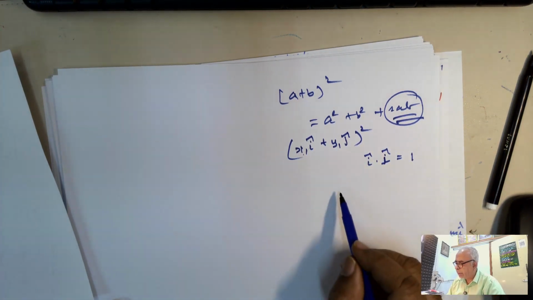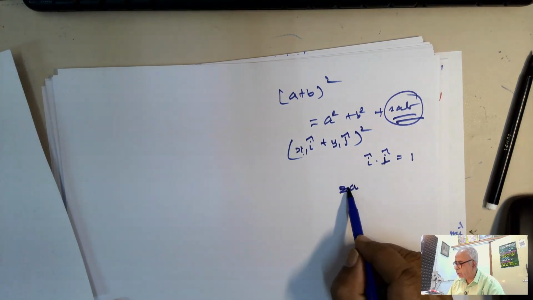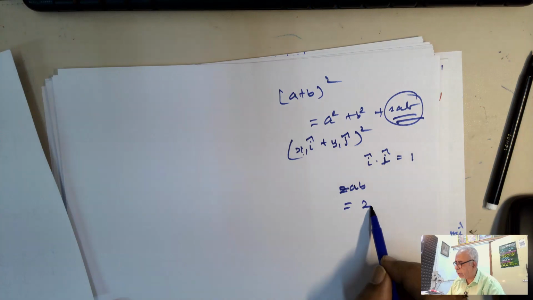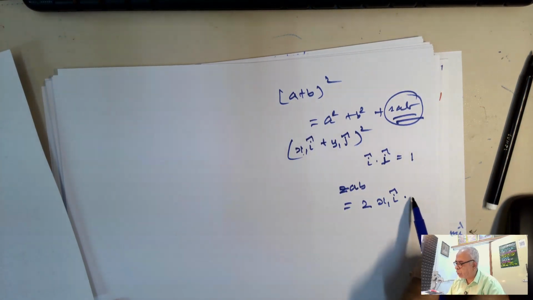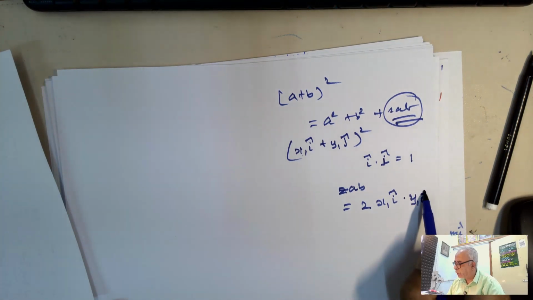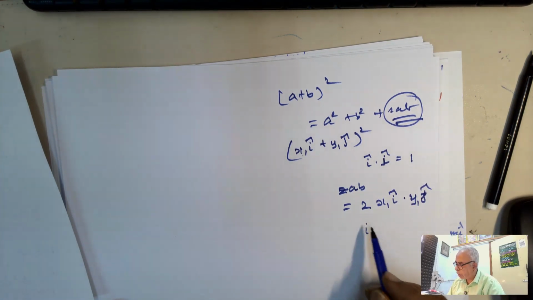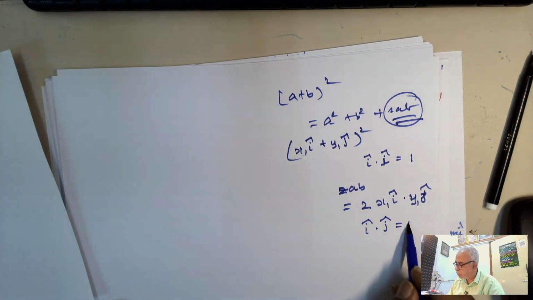So your 2ab means 2 into x1 i cap into y1 j cap. We already know i cap dot j cap becomes 0.